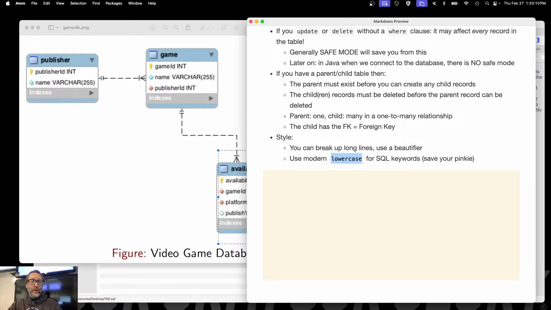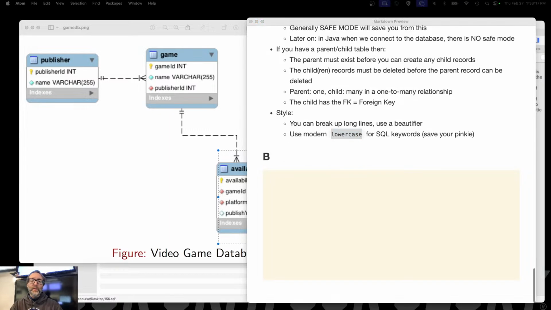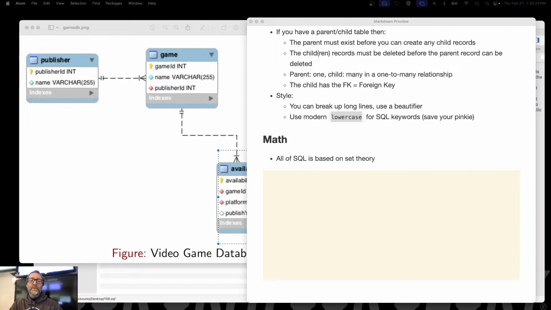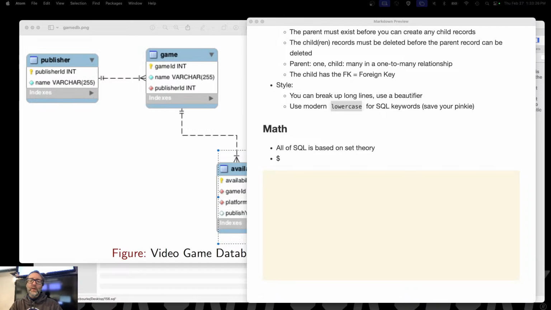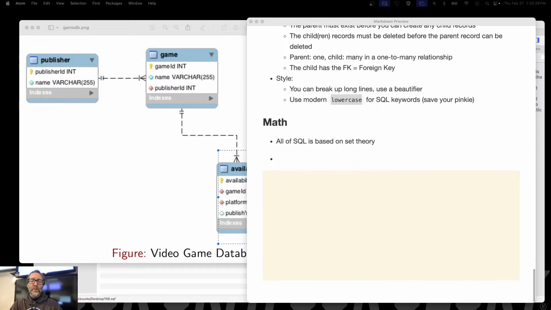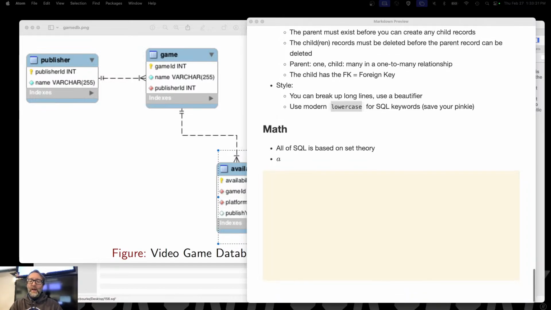Okay. All right, so what I want to do now is something a little bit more complex, and that's going to require a little bit of math background, right? Math. All of SQL is based on set theory, right? So you might have done sets before, I don't know, but I'll give you a reminder here that if A is in the set A, where A is equal to, and then we use square brackets to denote a set, A, B, and C, right?